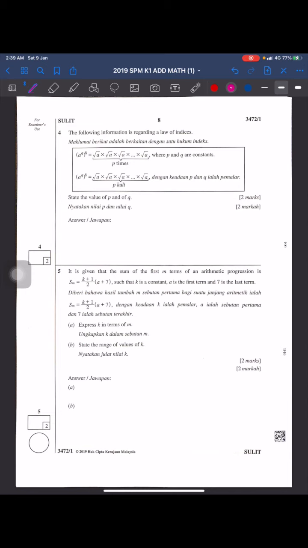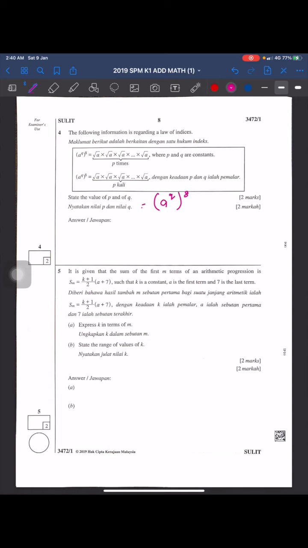Okay, next is number 4. The following information is regarding a law of indices. State the value of p and of q. Kalau kita tengok balik soalan ni, kita boleh ubah bentuk dia. Dia ada a power of q power of 8.